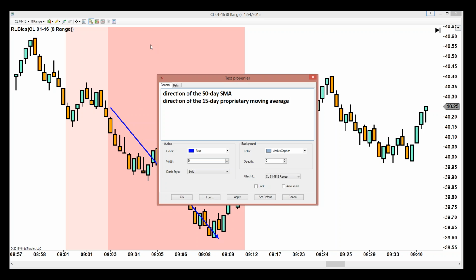And it makes an assessment of that. And what it also does is it looks at support and resistance.